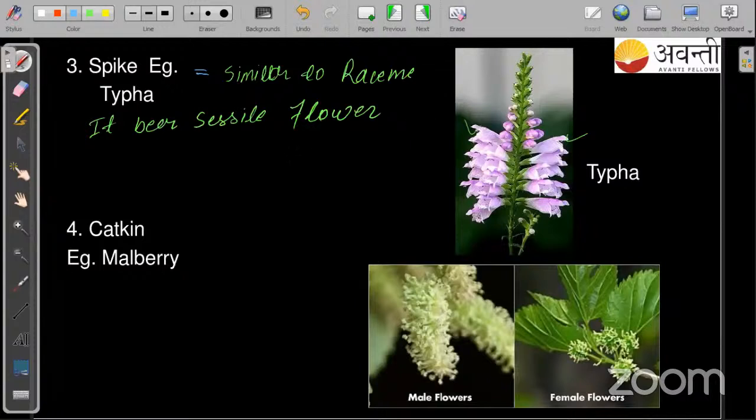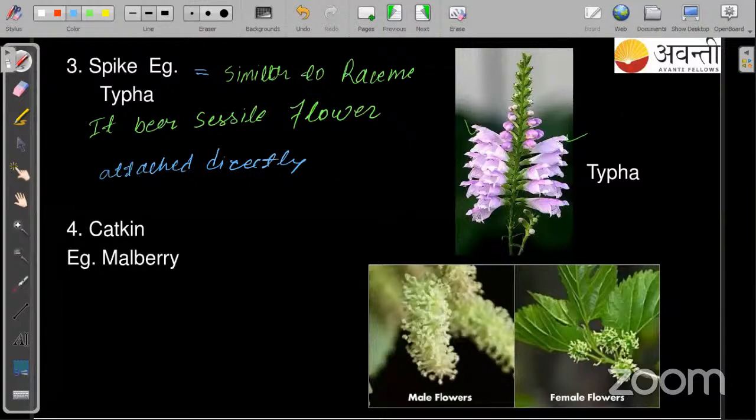So here, what is meant by sessile? I am writing here: sessile means flowers are attached directly without a stalk. You can see in this picture that these flowers are directly attached.